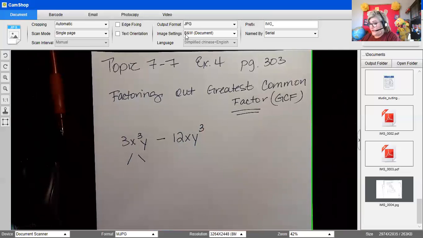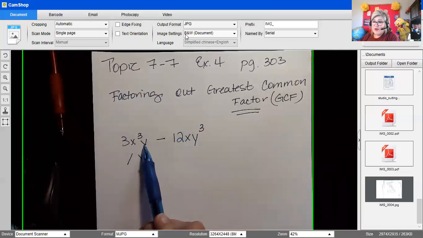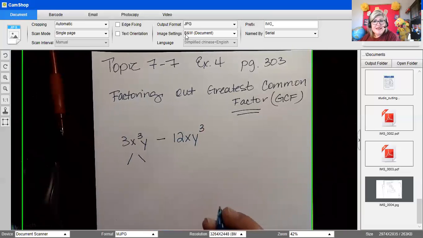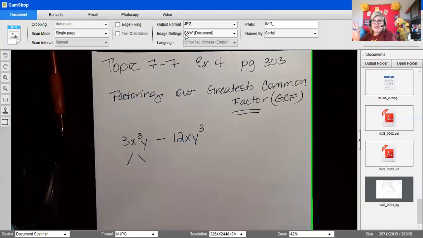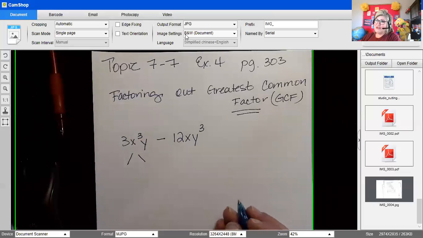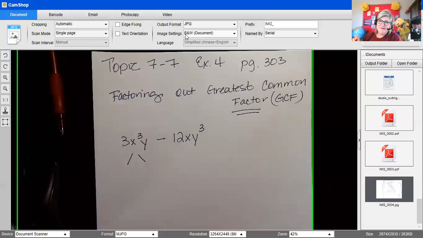They also both have a y term. What's different is how many x's and how many y's each term has. They also have something very unique when we start looking at the numbers, but I'll put that on hold for just a moment in case it does not stand out to you just like that.